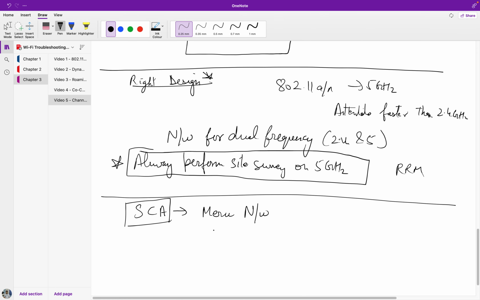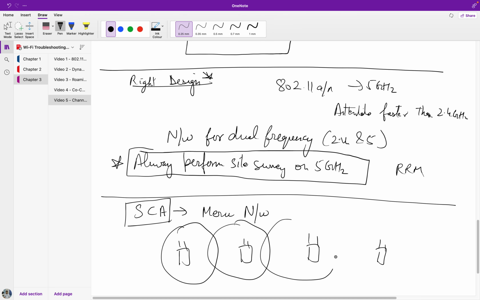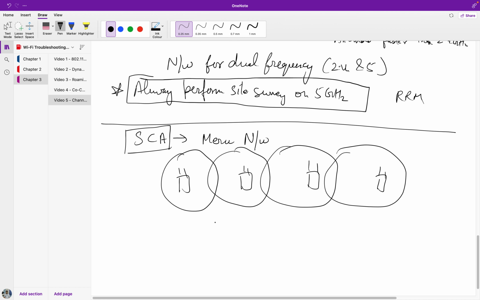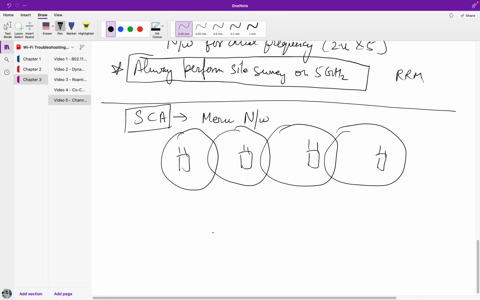So for a client, if it's only one coverage cell, so if an access point here is on channel number 1 and here also, all of them are on channel number 1. So what SCA does is it virtually creates one big BSS.